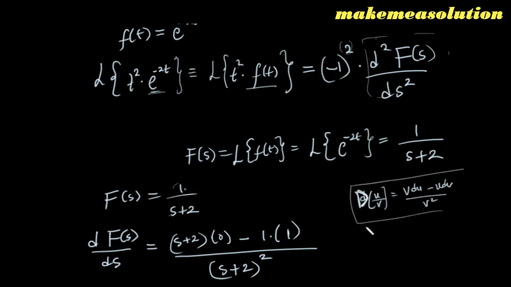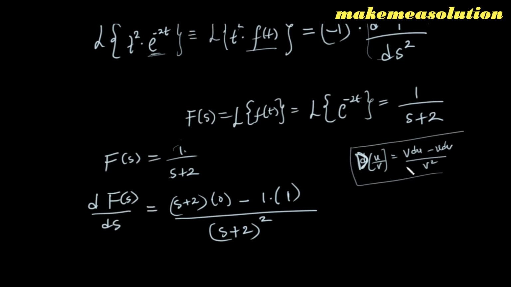Let me use the operator format to write it. So v du minus u dv all over v squared. So you have it in this form. If you simplify, 0 times anything is 0, then I'll have minus 1 times 1 is minus 1 all over s plus 2 all squared. So this is the first derivative, dF/ds.